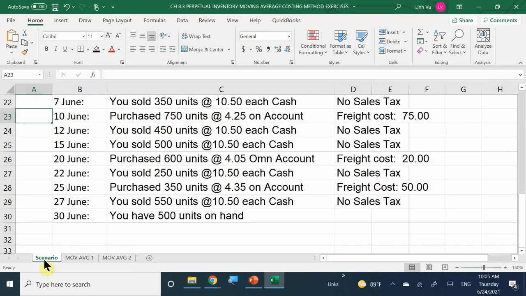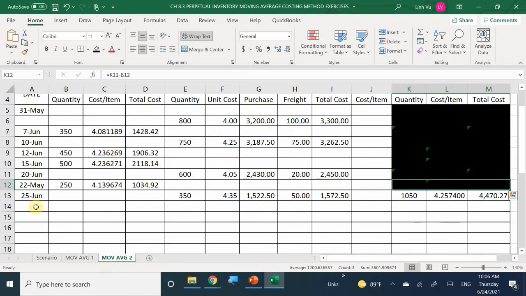So 450 units. We sold 550 units. Therefore, on June 30th, it should leave us with at least 500 units left on hand. So let's go ahead and calculate that out. Our last cost of goods sold for the month.